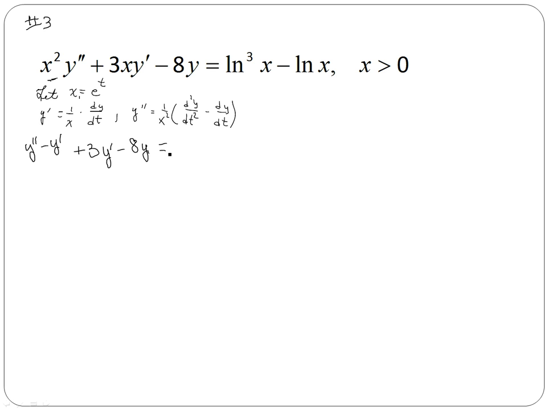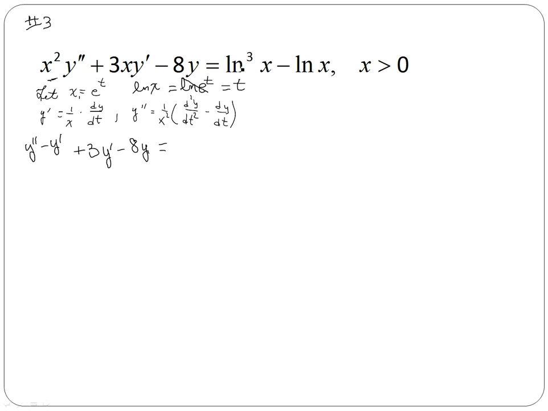is equal to, and here when we make our substitutions, notice that if x is equal to e to the t, then taking the natural log of both sides here, the natural log of x is going to be equal to the natural log of e to the t power. And this natural log and the exponential function cancel out to give you just a t.